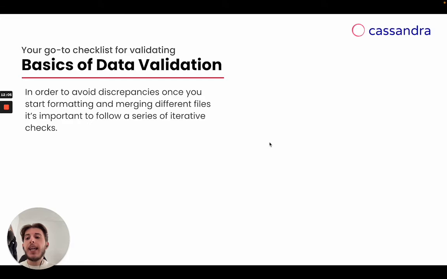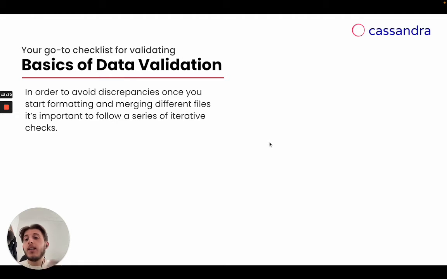And we say iterative because these checks must be repeated each and every time that you do any kind of action on your data, because the discrepancies could arise on the first merge as well as the second, the third. So you just can't do it on the first one and the last one, because then if there's a discrepancy, you will have to repeat everything again.